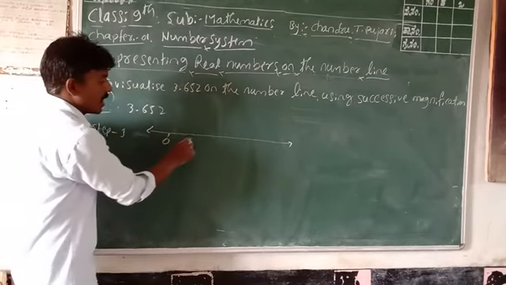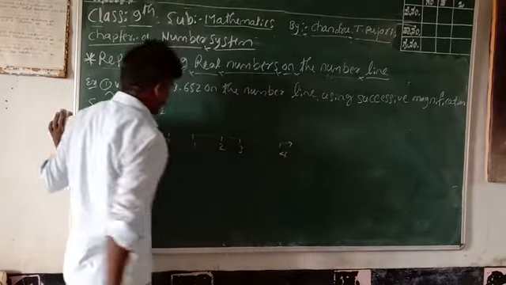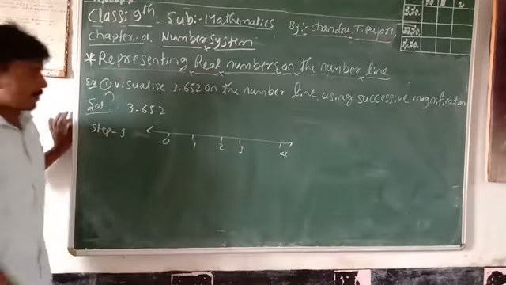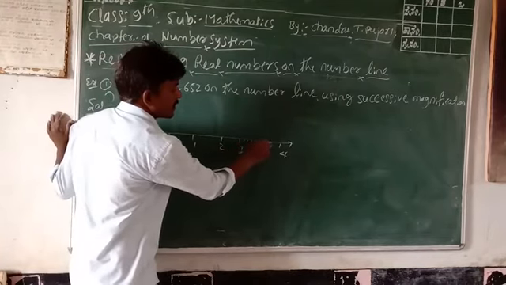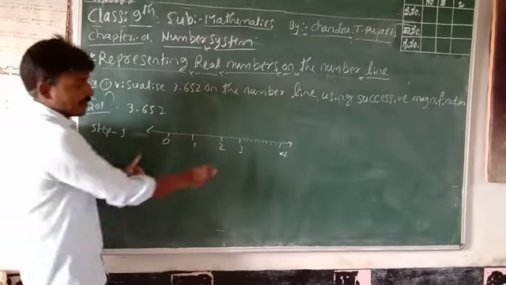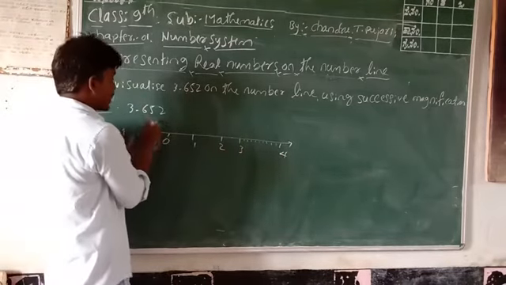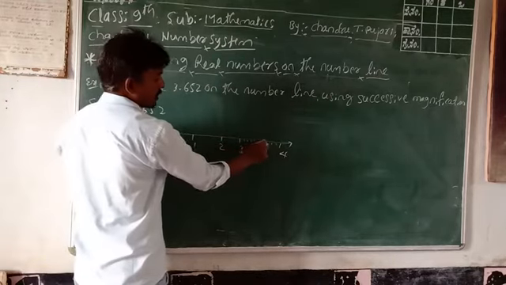Therefore, 0, 1, 2, 3, 4. Between 3 and 4 take 10 parts: 1, 2, 3, 4, 5, 6, 7, 8, 9, 10. After 3, count to 6.